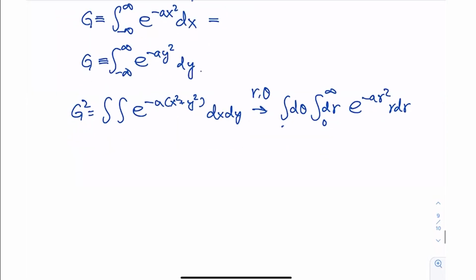The theta integral is easy to evaluate, it's just 2 pi, and r dr can be replaced by r squared divided by 2. Eventually these two get killed.